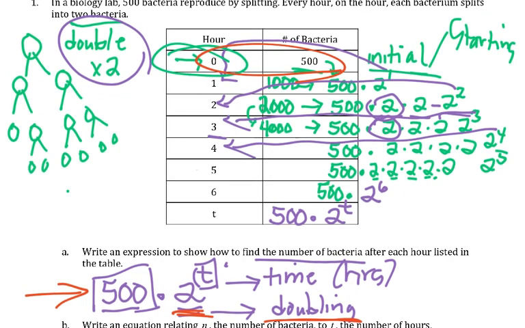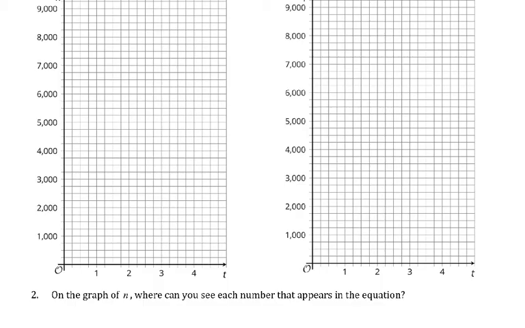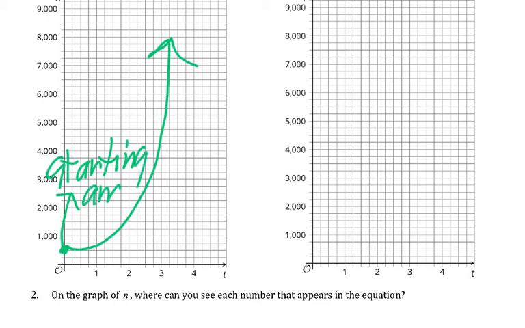I started with 500. That means when I started, I would start with 500, and it's growing exponentially. So this is an exponential graph. This is the key. This is my starting amount. This is the piece you need to know right here.